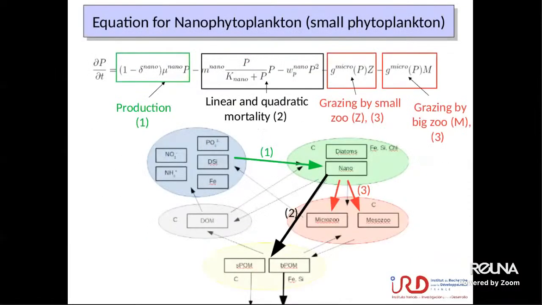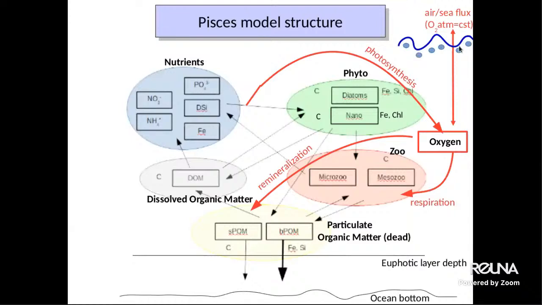Yes, of course there are exchanges, but as I said, I don't describe them because it's not biology. The exchange between the air and the ocean will depend only on the partial pressure of oxygen in the water, which is proportional to the concentration of dissolved oxygen, and the oxygen concentration in the air, which is a constant here. It will also depend on temperature and on the wind. If you have a lot of wind, you will exchange more.